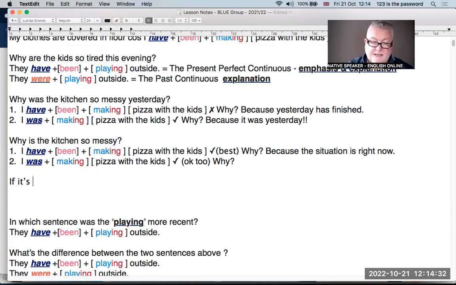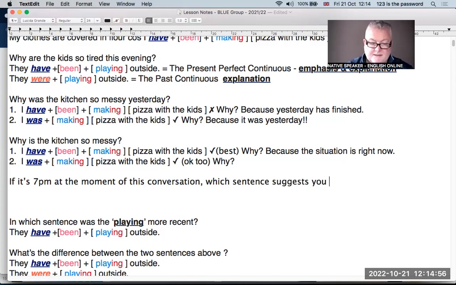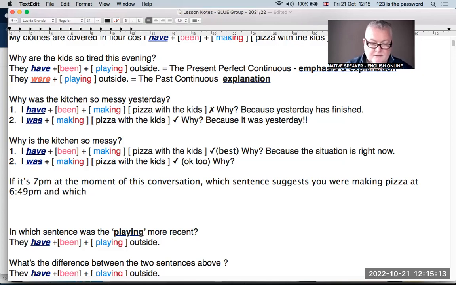If it's 7 p.m. at the moment of this conversation, which sentence suggests you were making pizza at 6:48 p.m., 6:49 p.m.? And which sentence suggests you were making pizza at 2:30 p.m.?